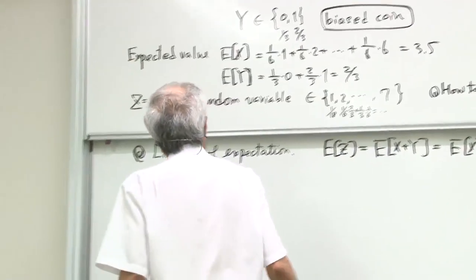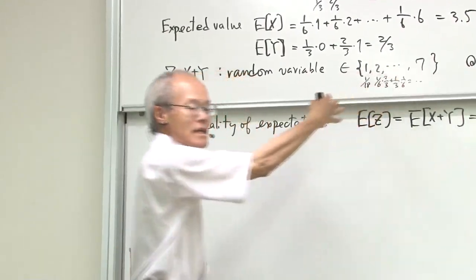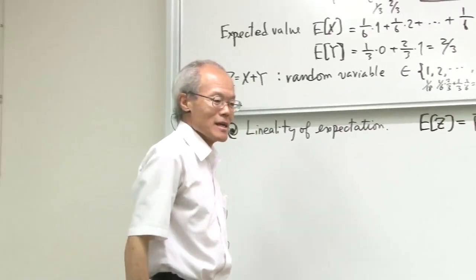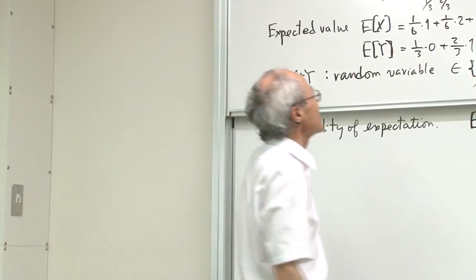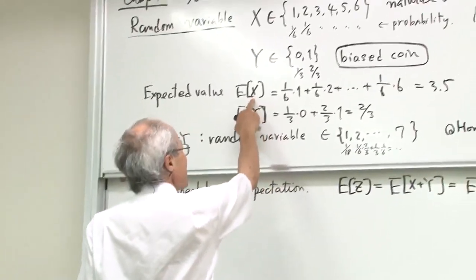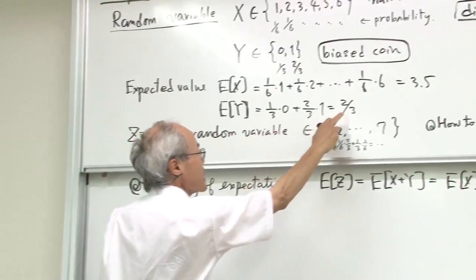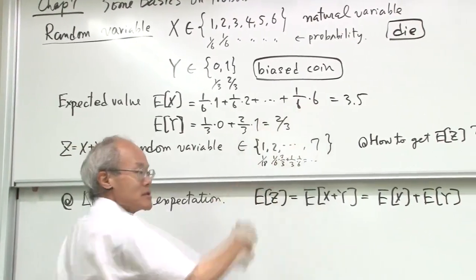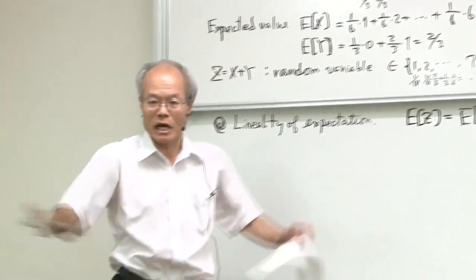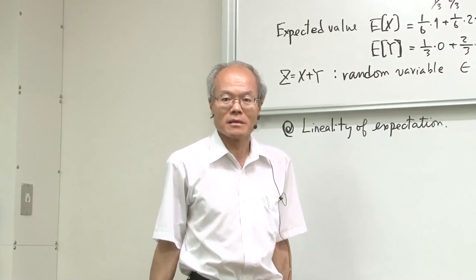So, in this case, you don't have to calculate that complicated probability analysis. We just have expected value of x is 3.5 and expected value of y is 2/3. That means the expected value of z is just the sum of these two values. Done. Very easy. Okay?